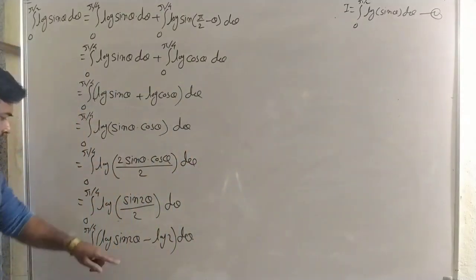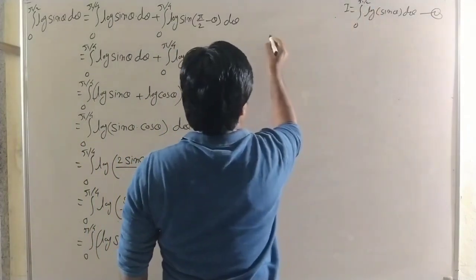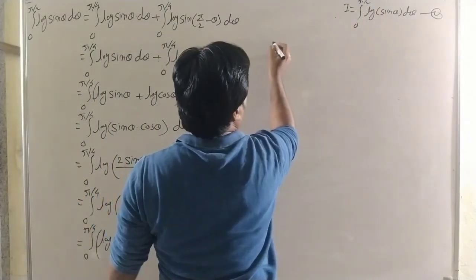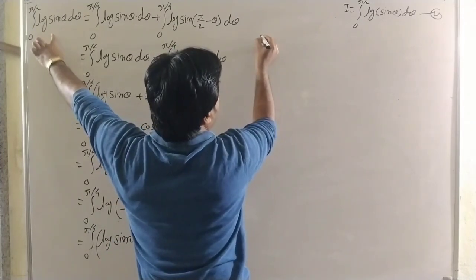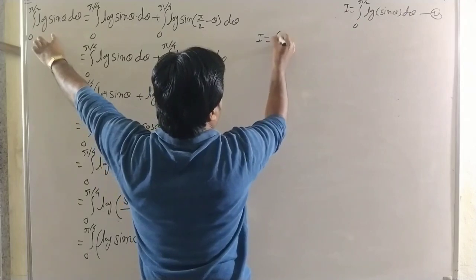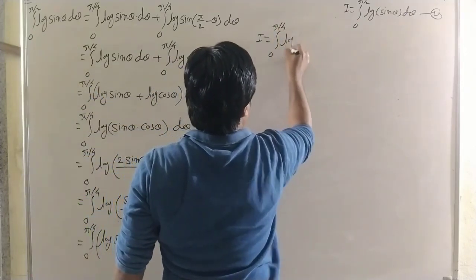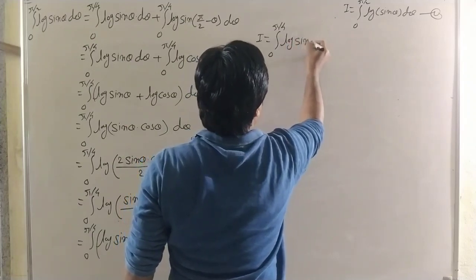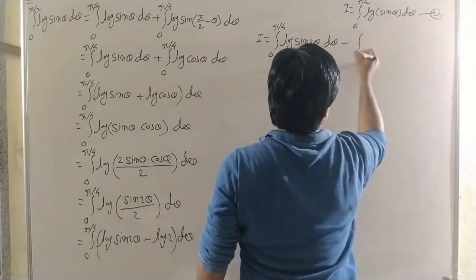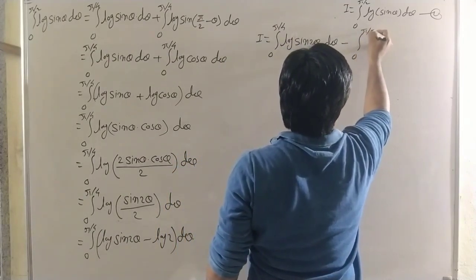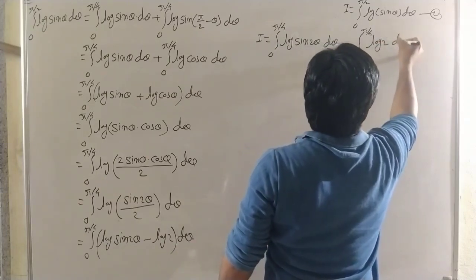And now you can write this integral in separate form. Remember this, it is equation number 1. Now I is equal to integral 0 to pi by 4 log of sin 2 theta d theta minus integral 0 to pi by 4 log 2 d theta.